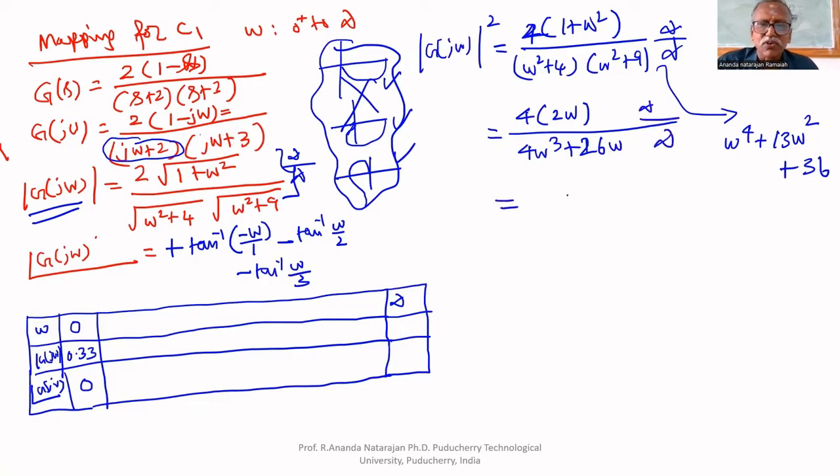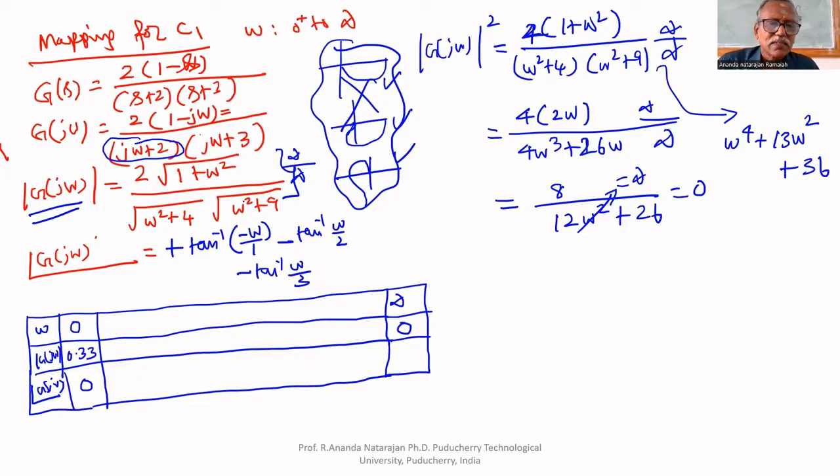That's why again differentiate the numerator and denominator: 8 upon 12 omega square plus 26. If you substitute omega equal to infinity, you will get 0. This you need not check. If the denominator degree is higher than the numerator degree, then we can put 0 immediately, because in the limiting case it will become 0. That's why this magnitude is 0.